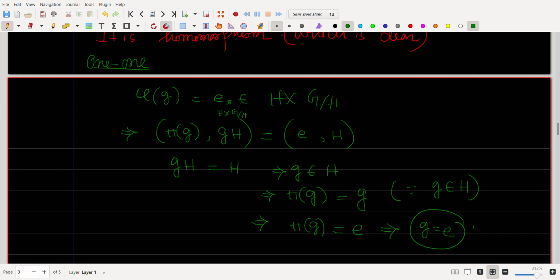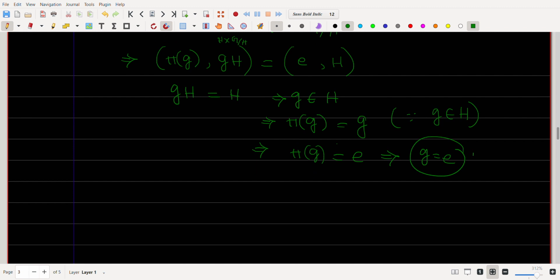So hence phi g is identity implies g is identity. So phi is one-one.